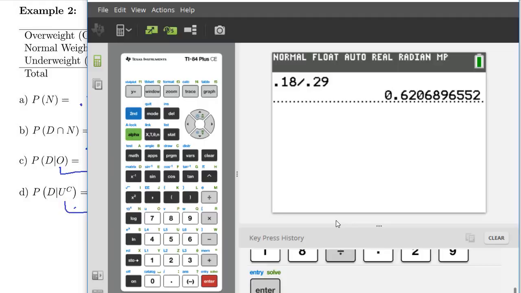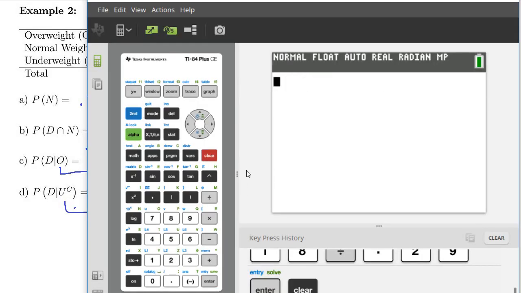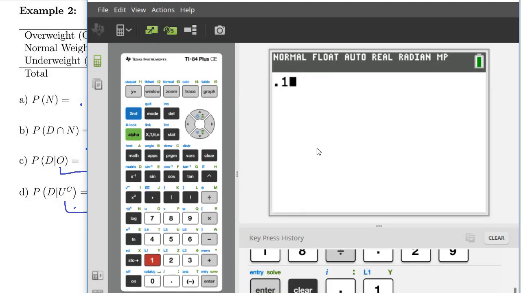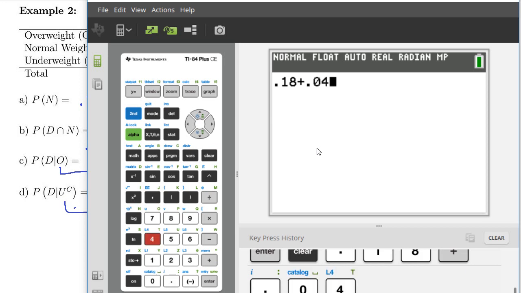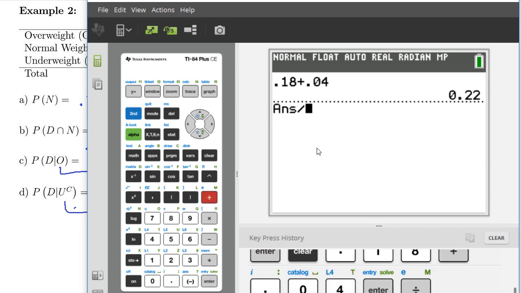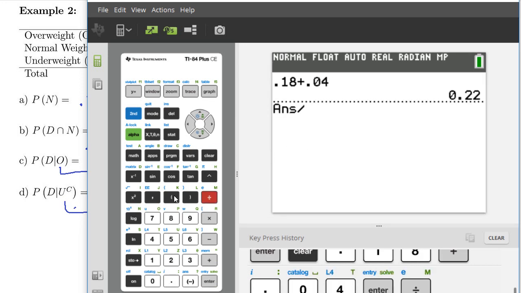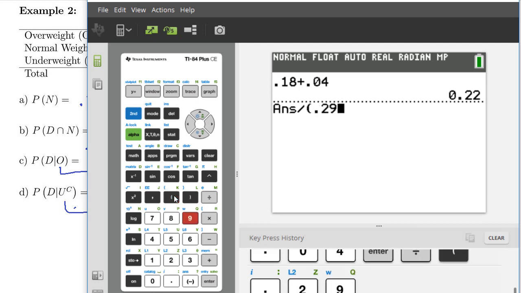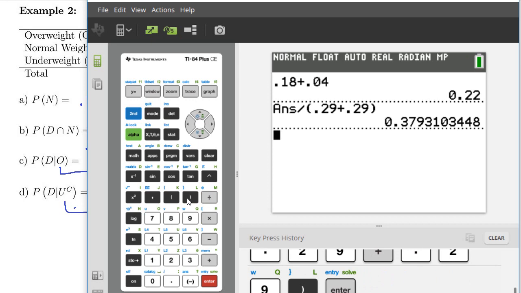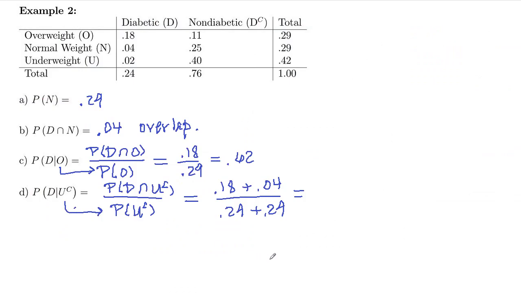And let's go ahead and compute that on the calculator. So in our numerator, 0.18 plus 0.04 is 0.22 divided by, let's do some parentheses here, 0.29 plus 0.29. 0.38 approximately.